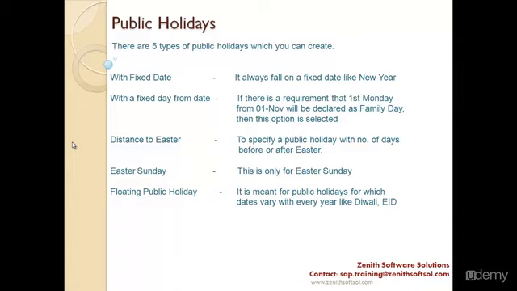Like that, we have other options to create public holidays, like floating public holiday. What do you mean by floating public holiday? Floating means this holiday will always fall on different days and different months in the year, like religious festivals, which are based on the moon sighting. It is not fixed. It always falls on a different day or different month every year.